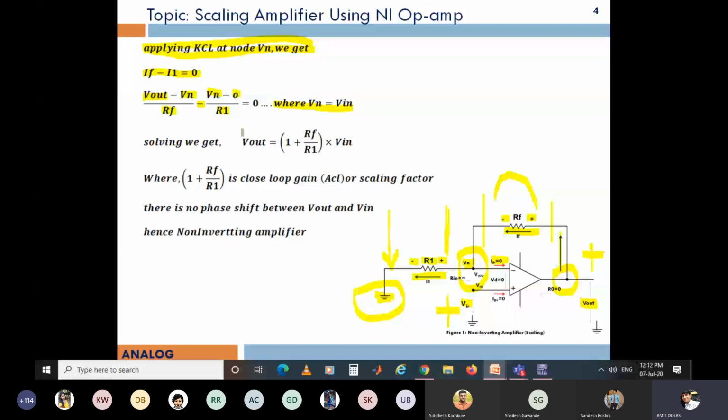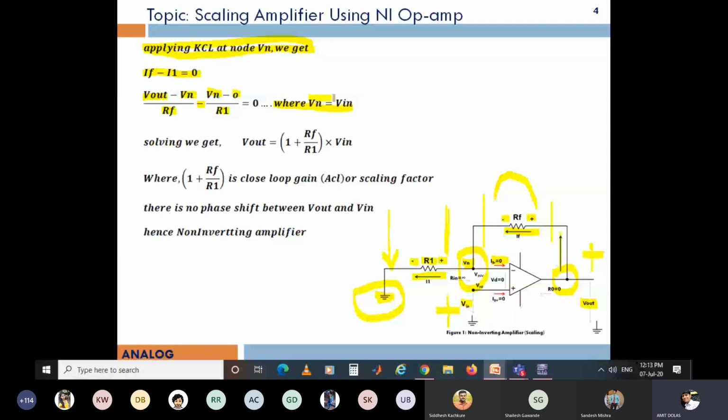As we already mentioned in the previous slide, Vn will be exactly the same voltage which is on the non-inverting terminal, because the non-inverting terminal and inverting terminal will have the same voltage. So Vn is nothing but Vp, that is the voltage at the non-inverting terminal.